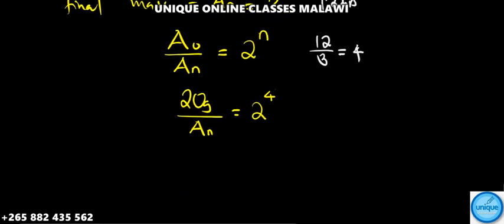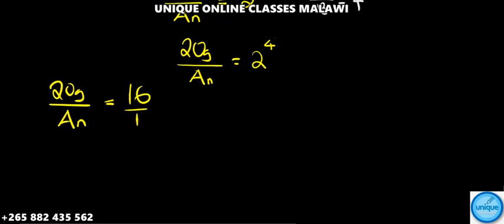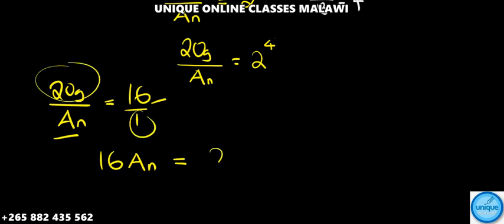Then we have 20 grams divided by A n equals 2 raised to the power 4, and the answer is 16. You see, you have 16 there. Then you just do cross multiplication. This multiplied by that, we have 16 A n equals 1 times 20 grams, so we have 20 grams.